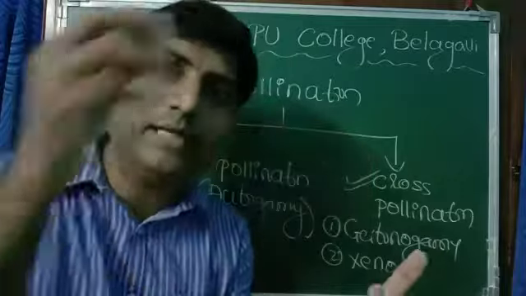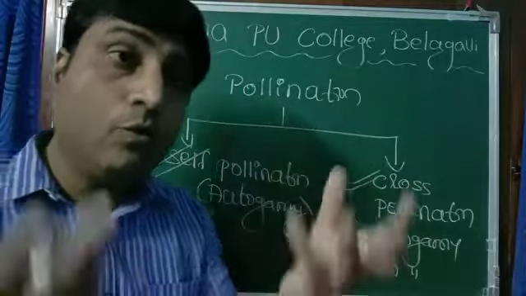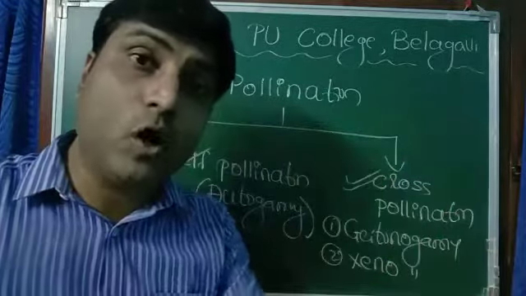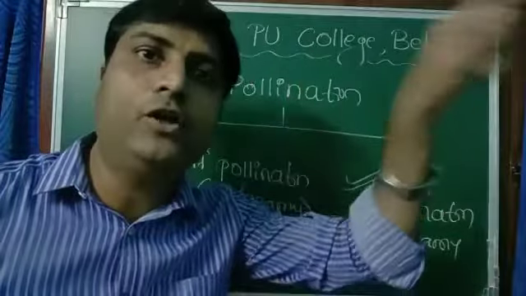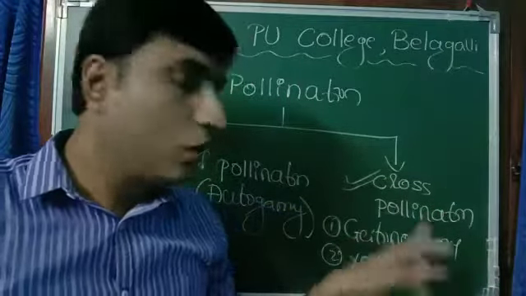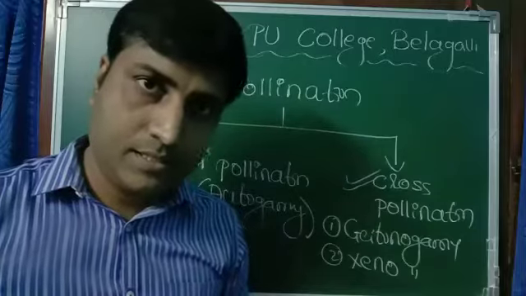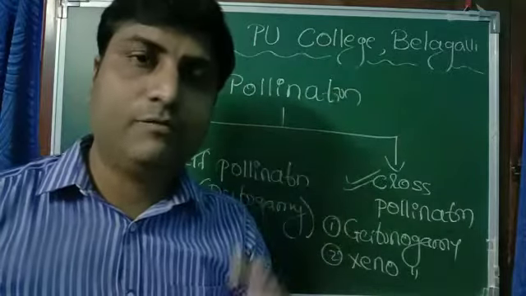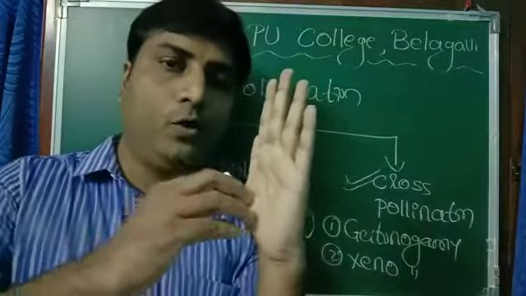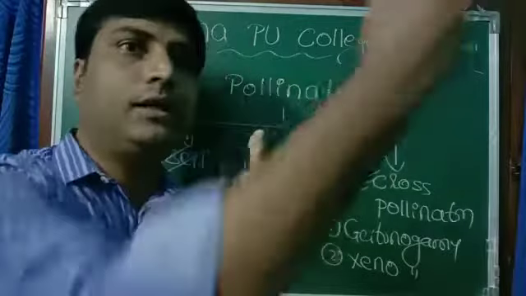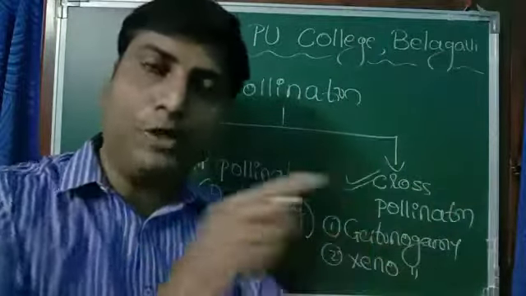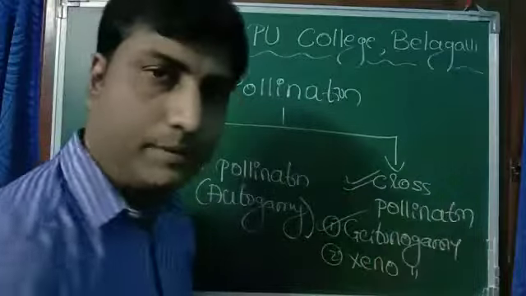Then the question is whether those different flowers are on the same plant or on different plants. If cross-pollination takes place within the same plant, for example, on a single plant with a male flower on one branch and a female flower on another branch, it is geitonogamy.